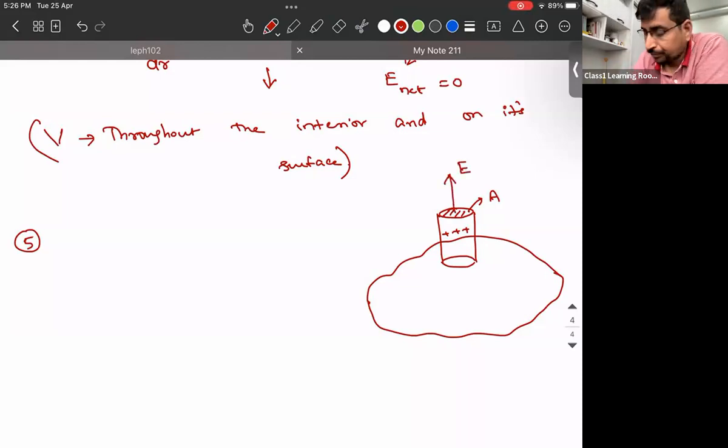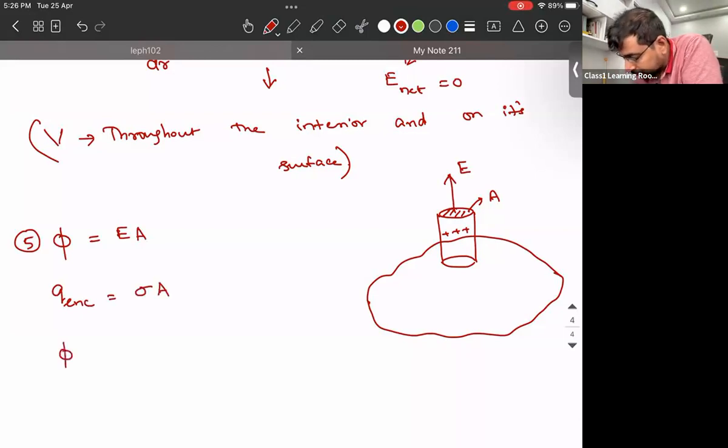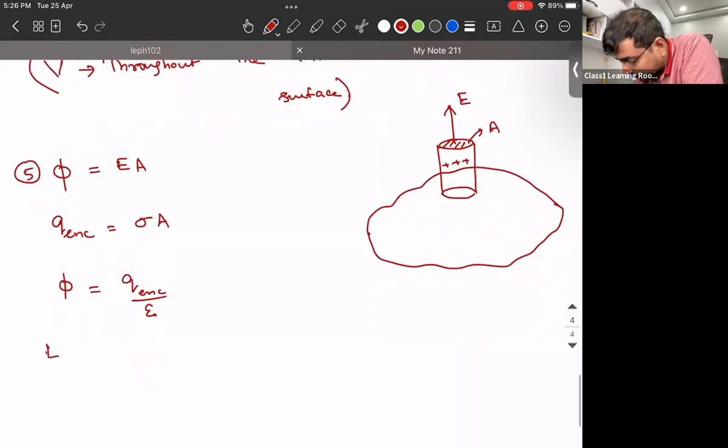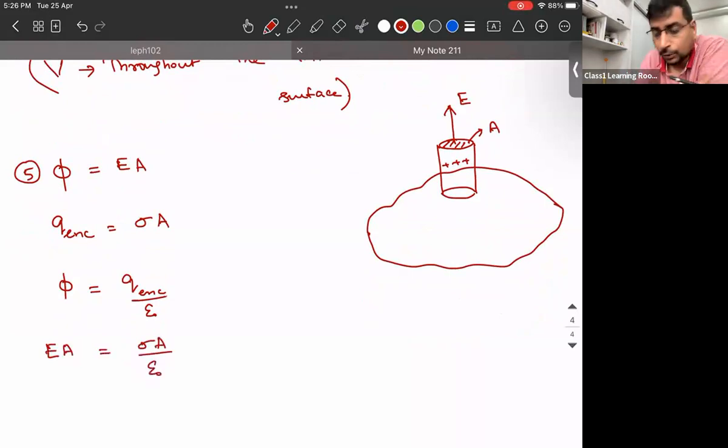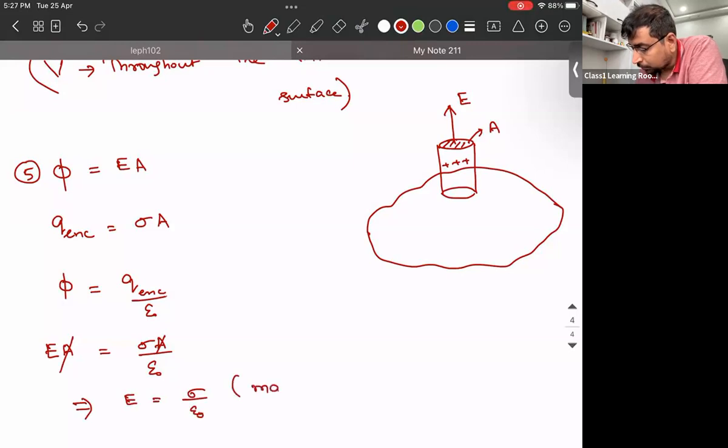Now, what is going to be the flux here? The flux is going to be E multiplied with A. Similarly, what is going to be the charge enclosed by the Gaussian surface? That will be sigma into A. And remember, flux will be equal to the charge enclosed divided by epsilon naught. So E into A will be equal to sigma into A divided by epsilon naught. So A and A will get cancelled. This implies E will be equal to sigma by epsilon naught in terms of magnitude.